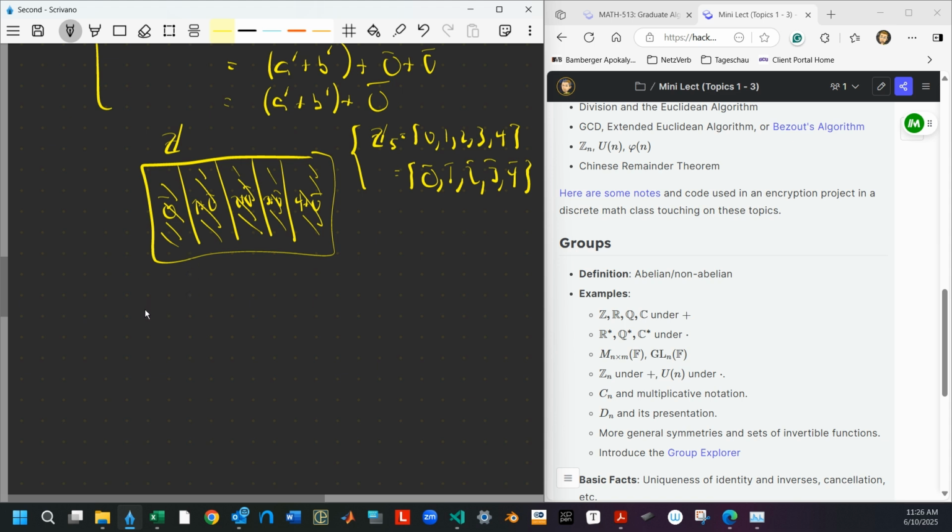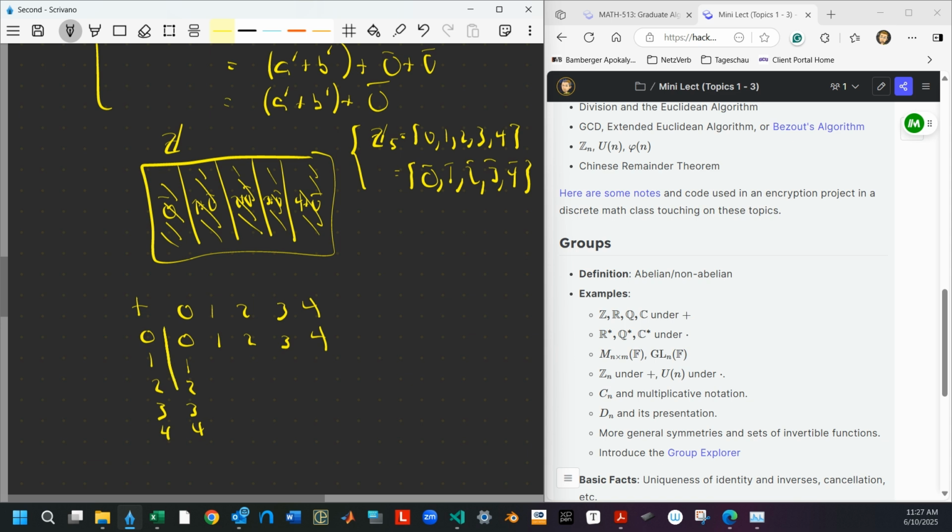And Z5 is kind of interesting because, so let's have plus, let's see, how do I write this? So I have 0, 1, 2, 3, 4, 0, 1, 2, 3, 4. Okay, the 0, I'm adding 0, so nothing interesting happens there. I'm adding 1, so nothing interesting happens here. So you could almost ignore that part of the table.